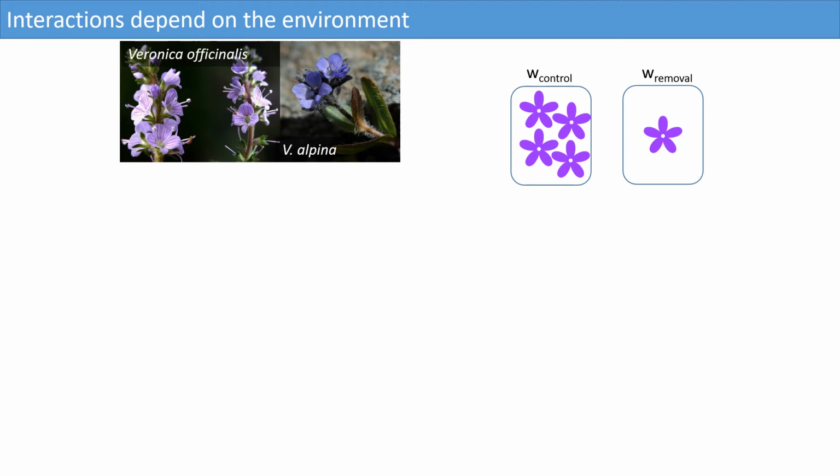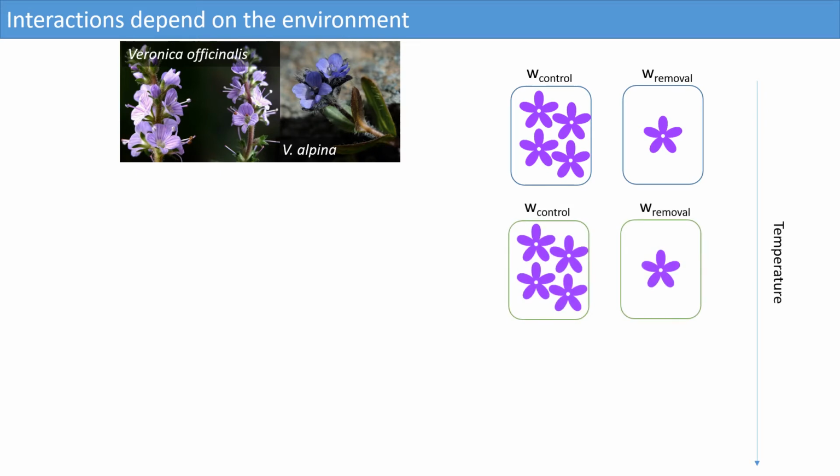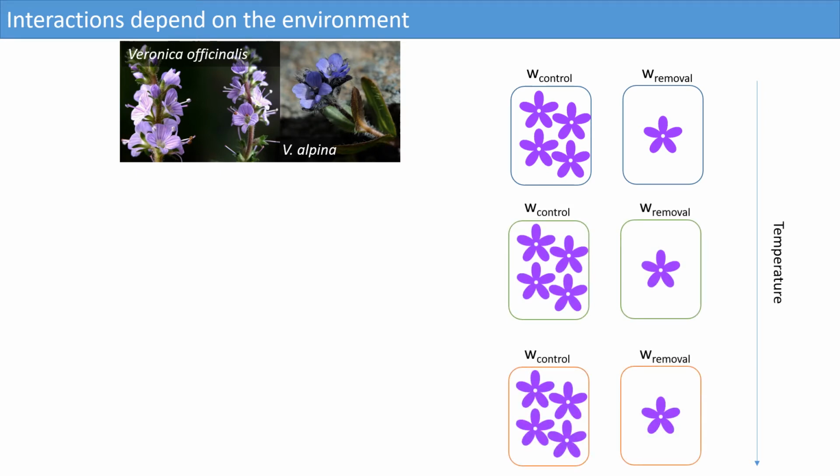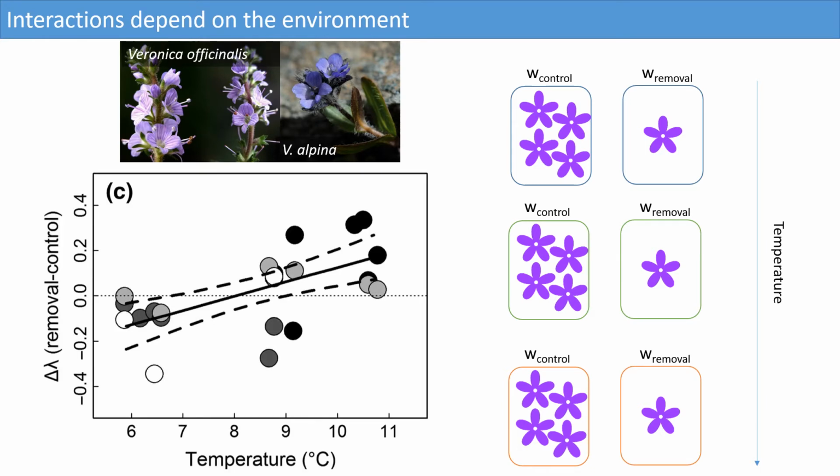In the control one, the population of the plants was left intact with its natural density, and in the removal plot, most of the plants except a few focal ones were removed, so we have a lower density of plants, and hence we expect less intense interactions. This was done along a gradient of temperature, so at the highest altitude the temperature is the lowest, at the intermediate altitude the temperature is intermediate, and at the lowest altitudes the temperature is the highest.